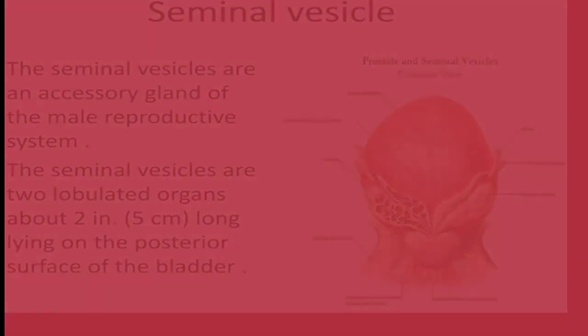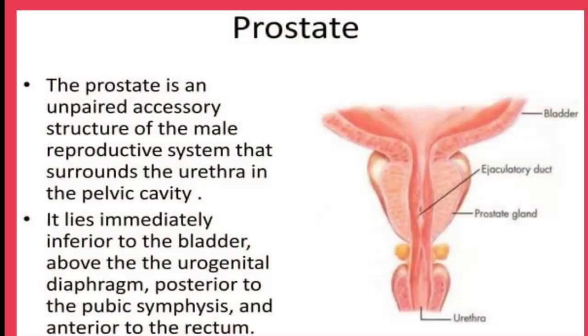Then next, the prostate gland. The prostate is an unpaired accessory gland. It is a main reproductive gland that surrounds the urethra in the pelvic cavity. It is the largest, and secretes the semen with a prostatic fluid. The prostatic fluid is thin and milky.